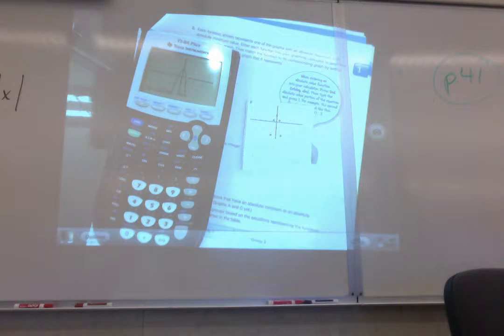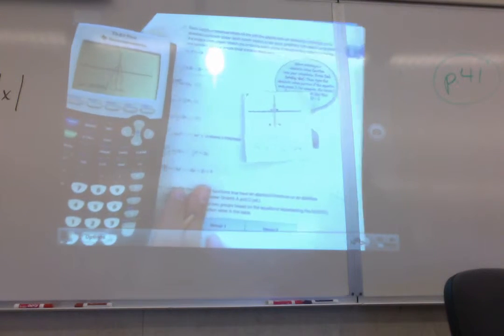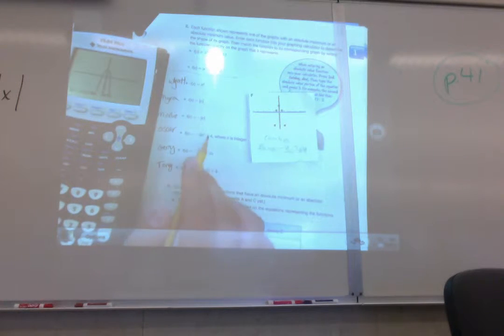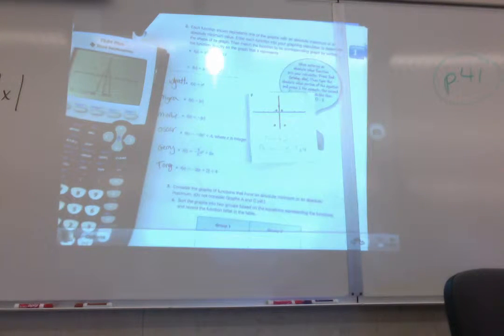Okay. Which bullet down is that, Oscar? The sixth one. Sixth one down is Oscar's, so negative 3x squared, and it's piece F. Find F. Okay.